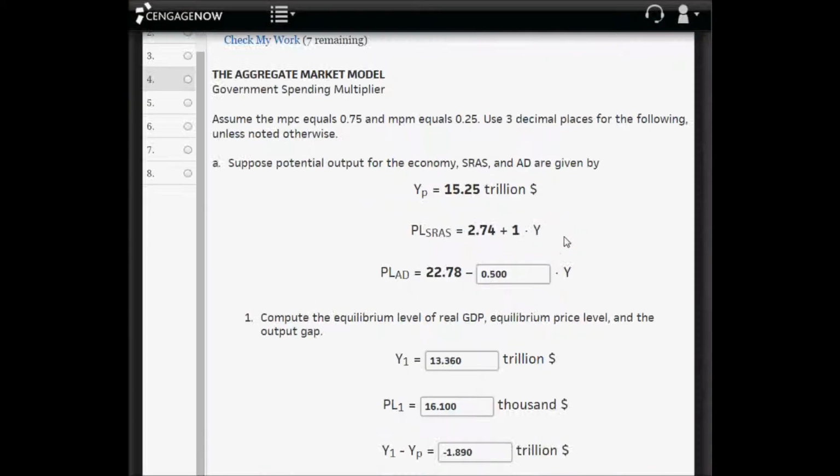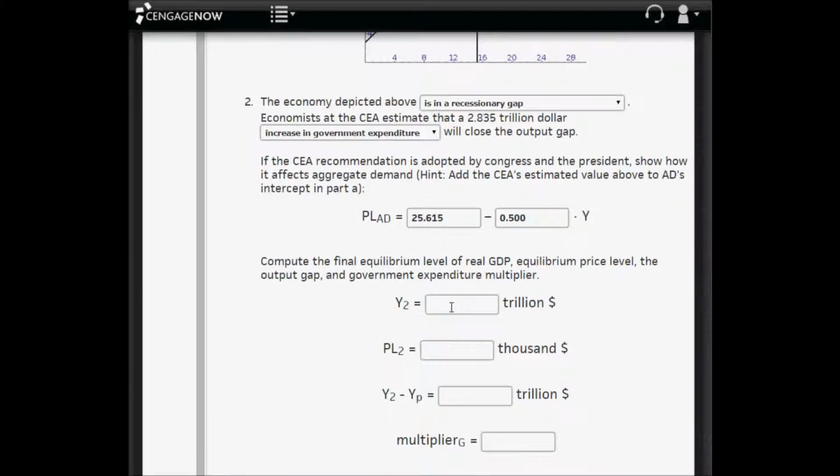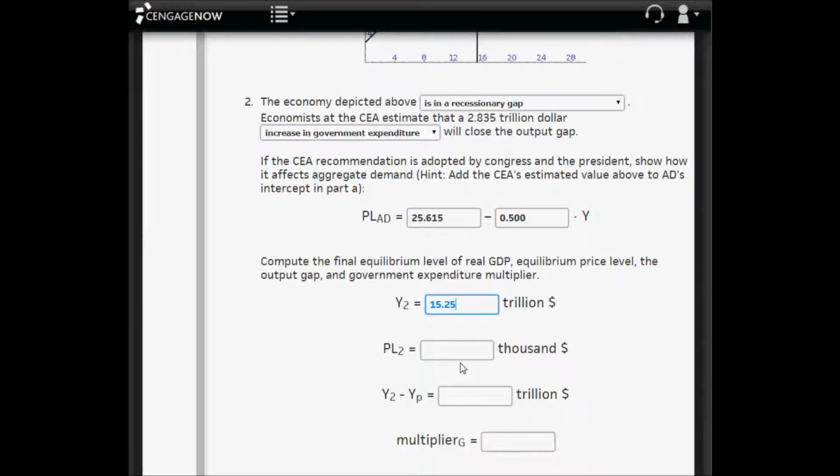So we copy the potential GDP level into the equilibrium level of GDP here. According to the diagram, the price level is 17.99. The output gap is 0.